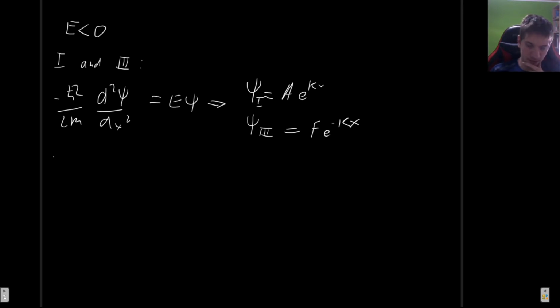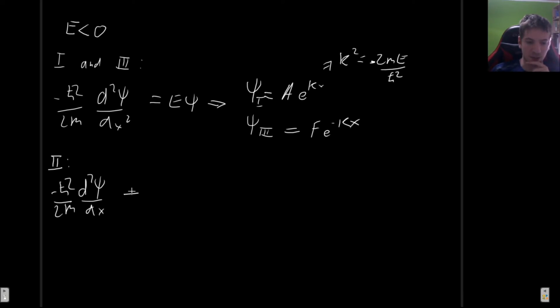Now, for region number 2, what are we going to have? We are going to have minus h bar squared over 2m, and just a quick reminder, k squared is going to be 2mE divided by h bar squared, with this minus sign right here. And so in this region number 2, we have now the second derivative with respect to x. And now it's very important, in this case, the potential is not 0.